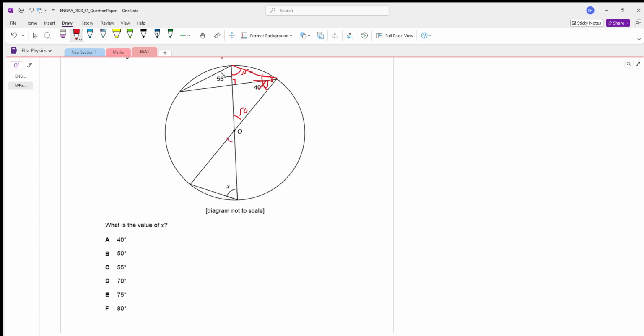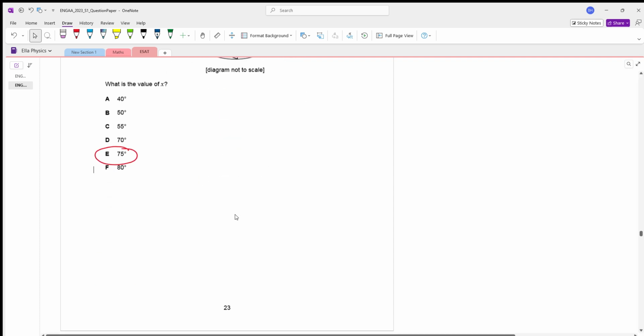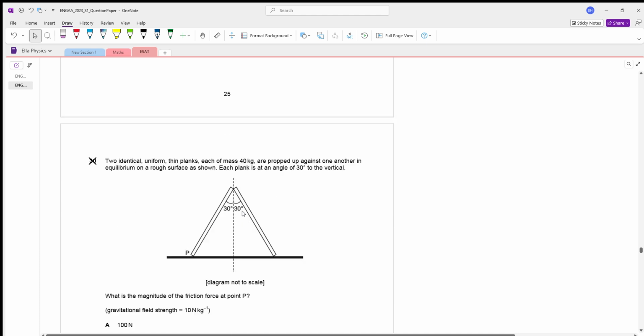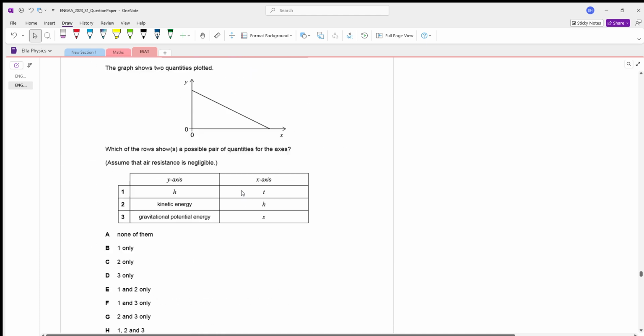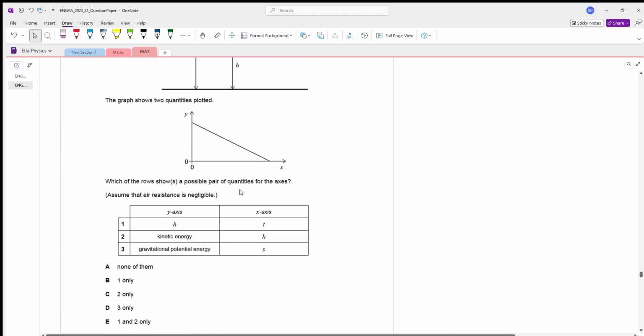Then down here, that's 50. This one here will be the 55. This one here will be the 75. Okay, so I'll go for that one, E, 75, and I think that's that one. That's the graph one.